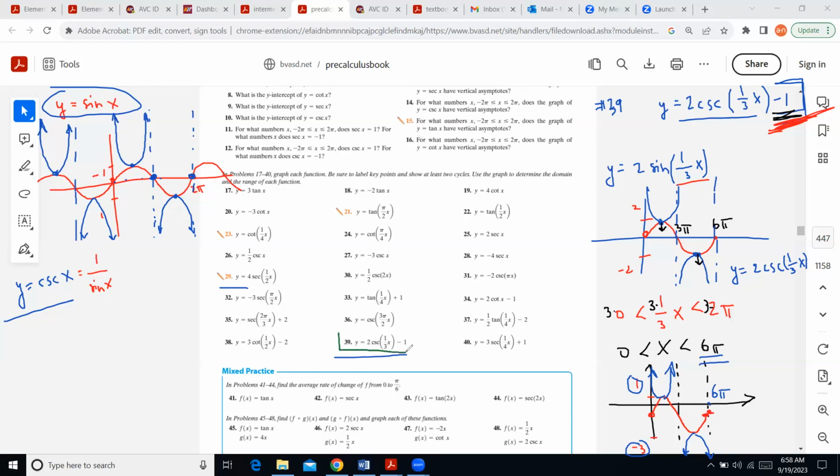So analogously, I'm gonna do exercise 29 with a secant. For exercise 29, I'm gonna prepare a reciprocal of function secant, which is cosine.